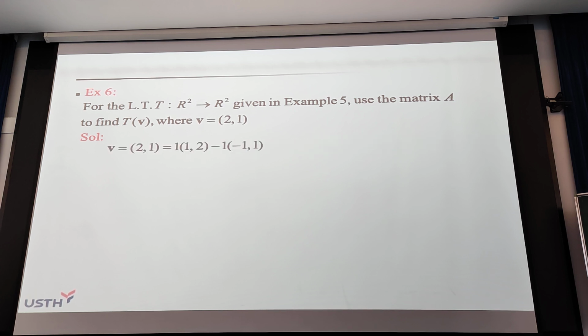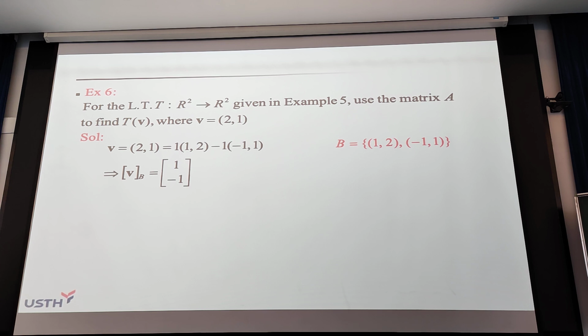How can we do it? Because V equals Z1, it is exactly 1 times Z1 and minus 1 times Z1. That is V. That is because on the domain the basis B is Z1. So the coordinate of V relative to the basis B will be 1, minus 1.